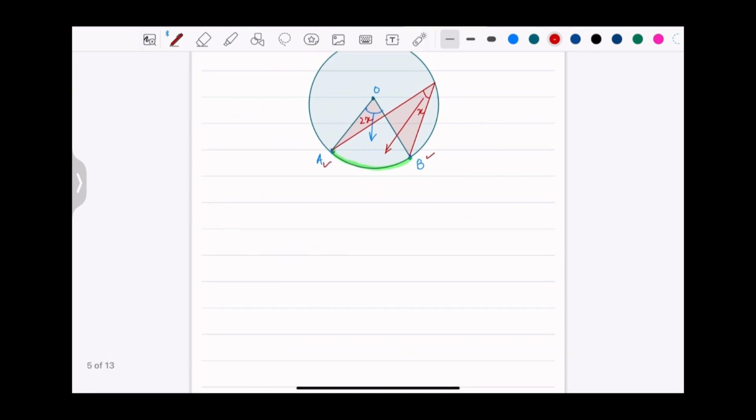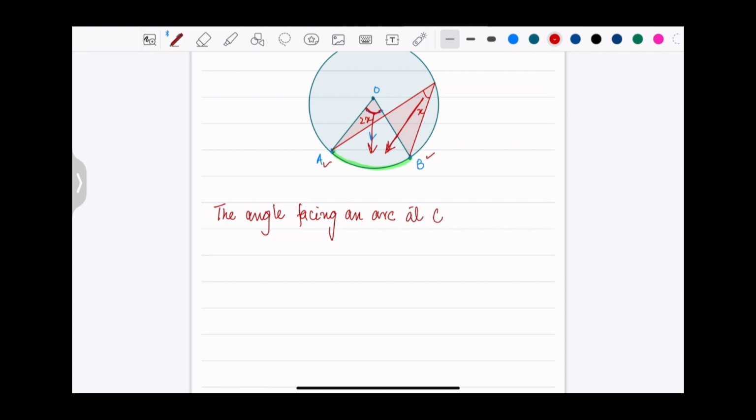So we can write this as: the angle facing an arc. When I say facing, I mean this angle is facing this arc AB at the center, and this is facing the same arc at the circumference.